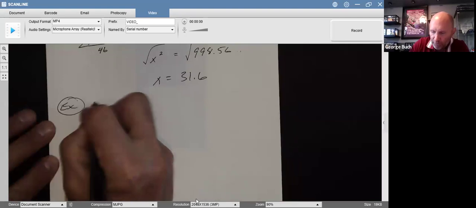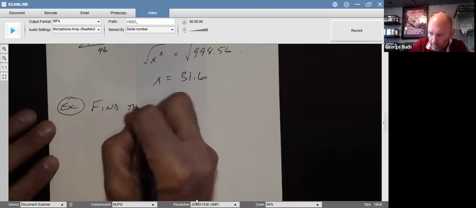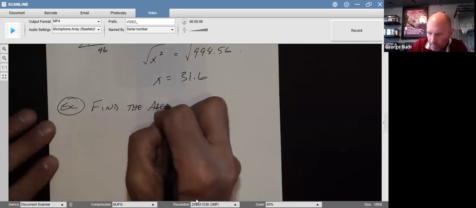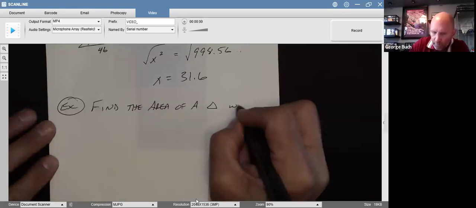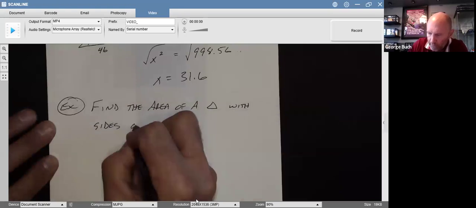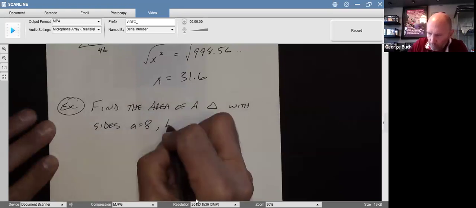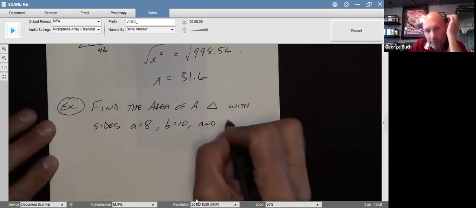All right, what if we want to find the area of a triangle with sides A equals 8, B equals 10, and C equals 6.